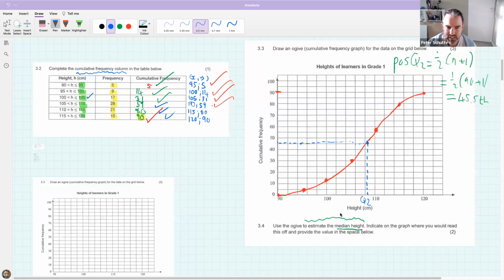It's not like you have to get it exactly, but I would say Q2 equals approximately 108 or 109 centimeters. And what that means is 50% of the students in the class are probably below 108, and 50% of the students in the class are above 108 centimeters, 109, 108.